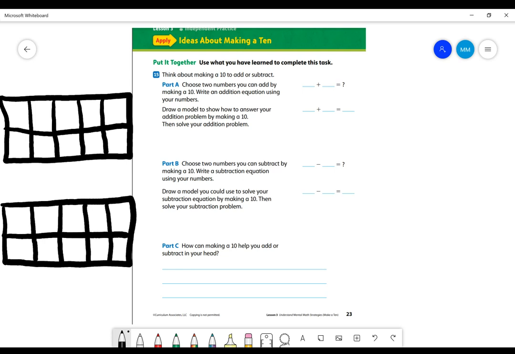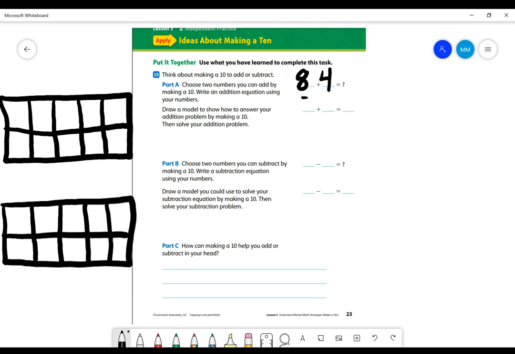All right, so here's what I'm thinking. I'm going to come up with one addition problem, and I already have one in my head because it's what I was thinking about. So I am going to solve 8 plus 4. Now here's what I'm going to do.